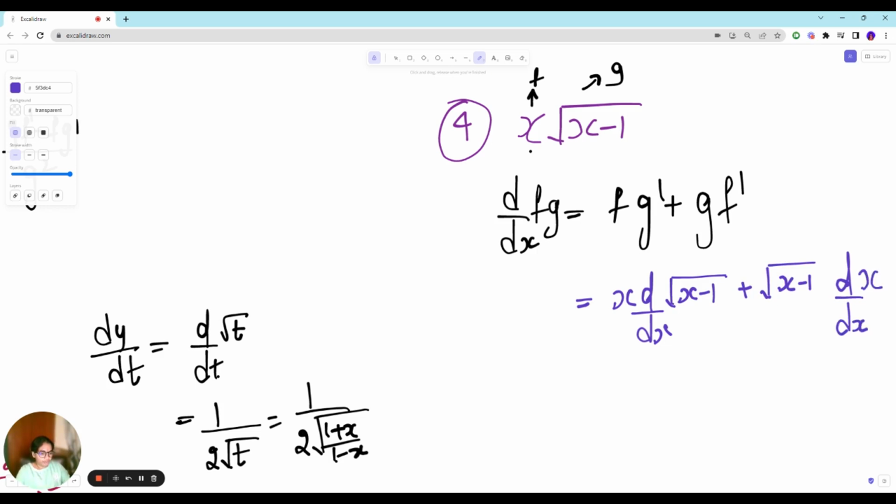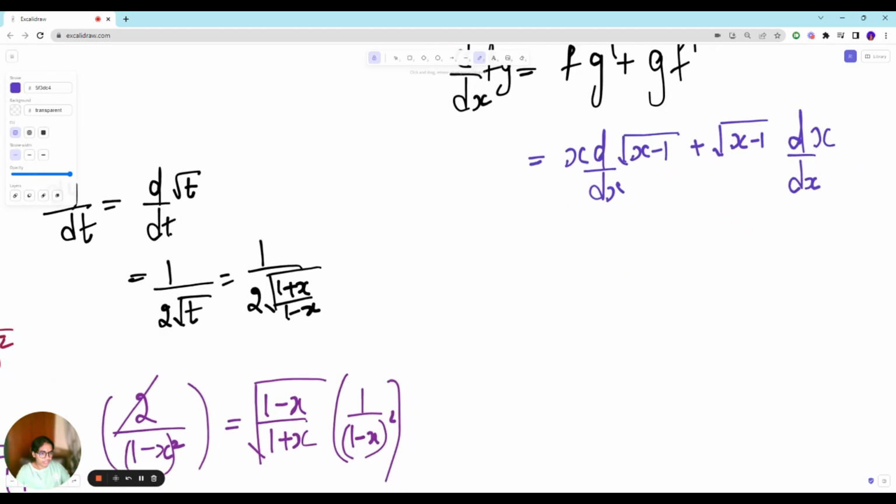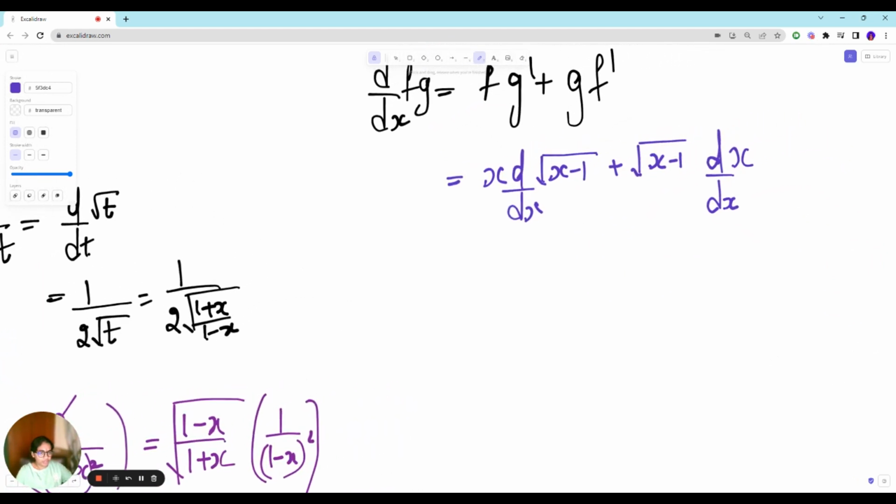Now, what is the derivative of square root of x minus 1? Clearly we would have to use the chain rule. What will you substitute as t here?